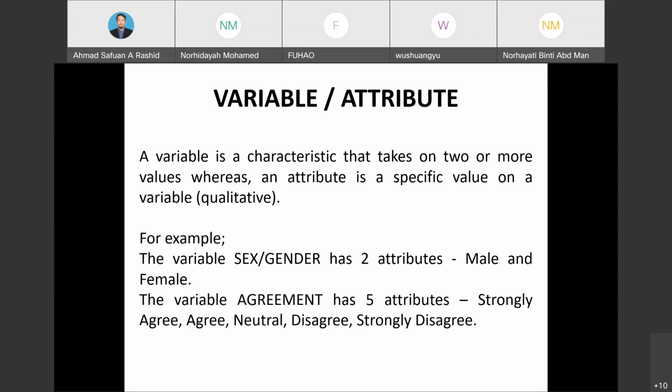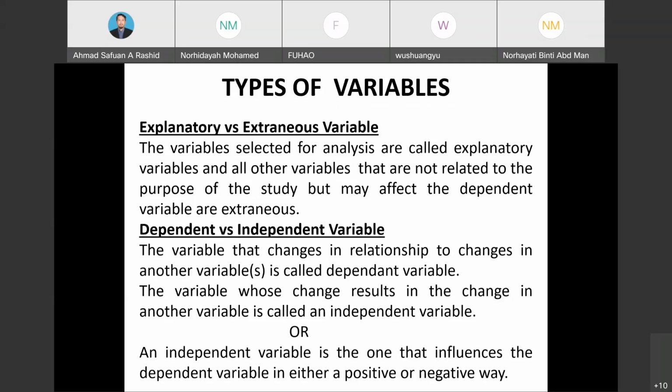For a social science study, the variable of agreement has five attributes: strongly agree, agree, neutral, disagree, strongly disagree. This means the attributes are part of the variable, and it can have two at least, or more than two. This is a more detailed explanation of the types of variable, so you can go through it later on.